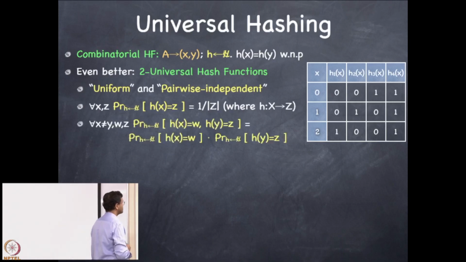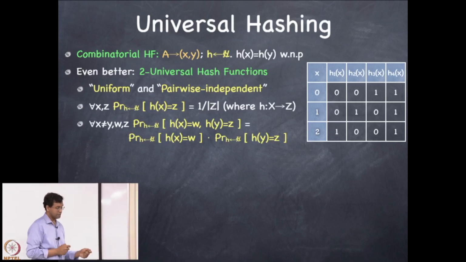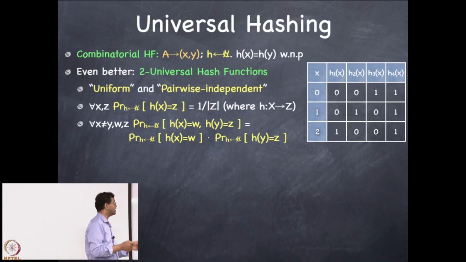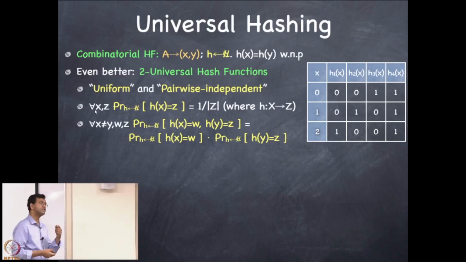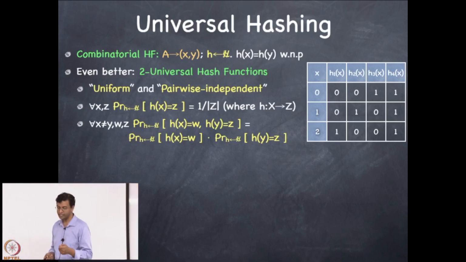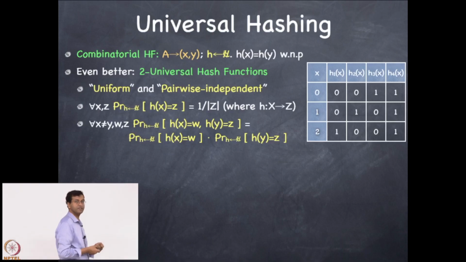That's the uniformity property. The pairwise independence says that for any pair xy of distinct inputs, I pick an h at random, tell you what h of x is. It tells you nothing about h of y.